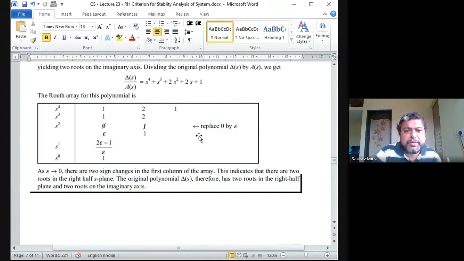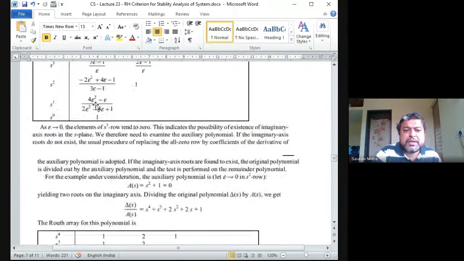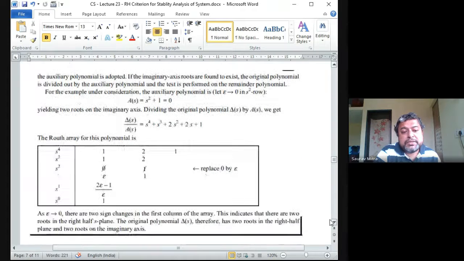So likewise, there's a big numerical anyway. As the s raised to 1 term is becoming 0, here also you have to assume another small value, epsilon 1. Then with that again you find the other terms. There they have assumed another epsilon, and this is 1 and this is 2 epsilon minus 1.